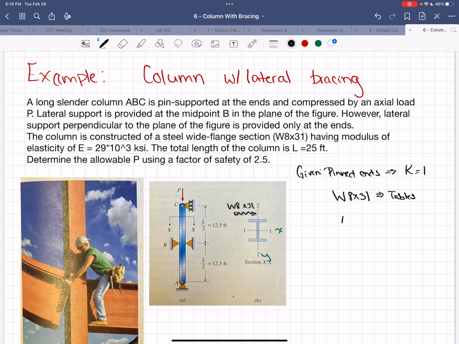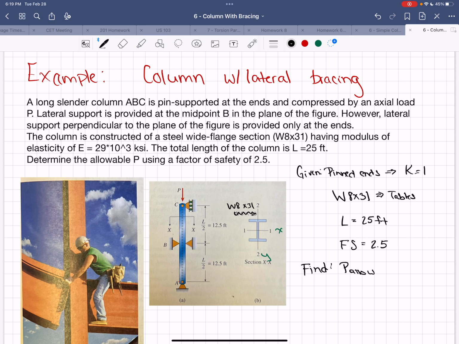We have a full length of 25 feet, and we're given a factor of safety of 2.5. We're supposed to find P allow, the allowable load so this won't buckle.